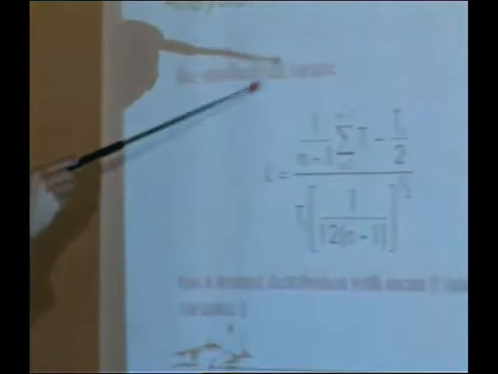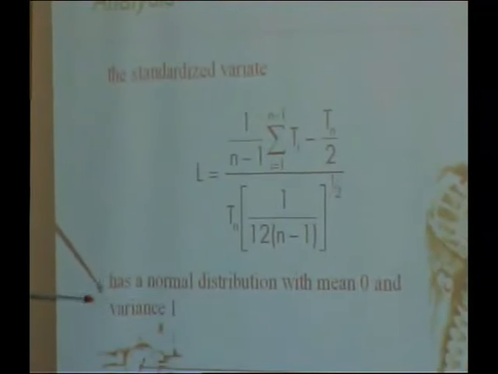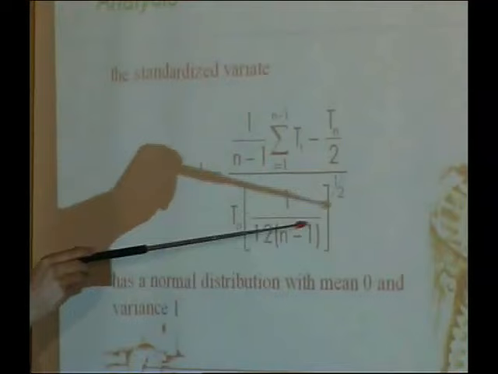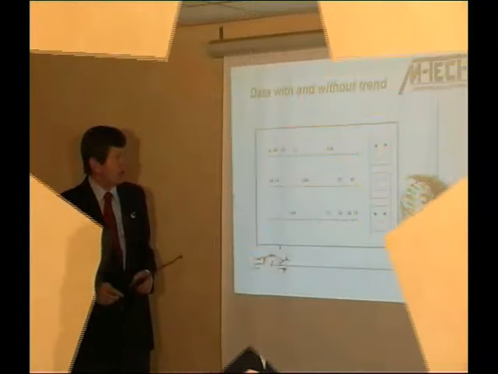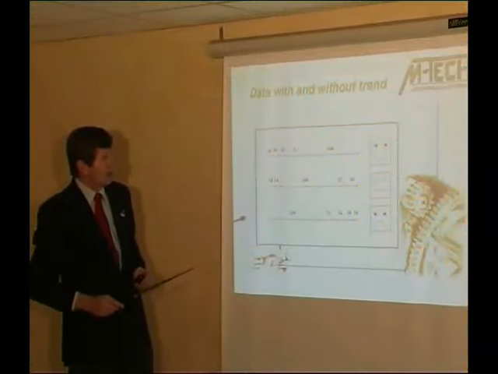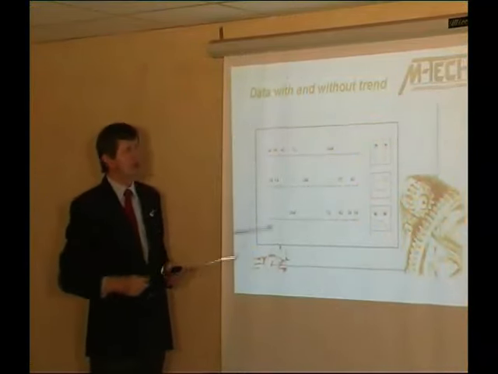We say here that the standardized variate has a normal distribution. What we don't say here is that it has a normal distribution with mean 0 and variance 1 for all possible data sets that are trendless. We talk about data with and data without trends.